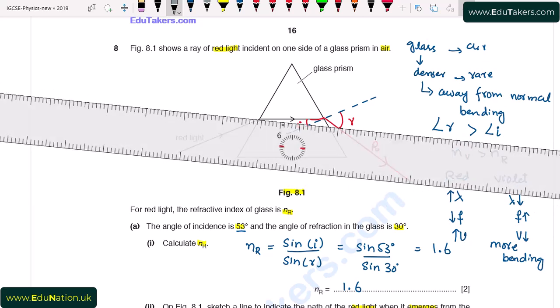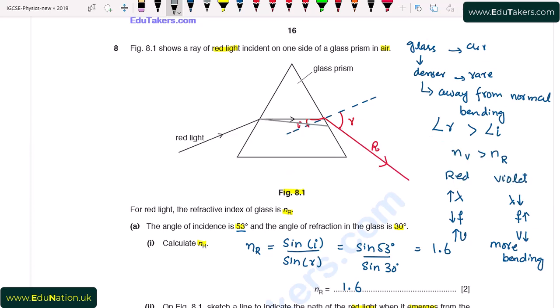For the violet light there will be more bending, that's why I am going to draw this line. First of all, I keep an arrow here. It is coming from air to glass.